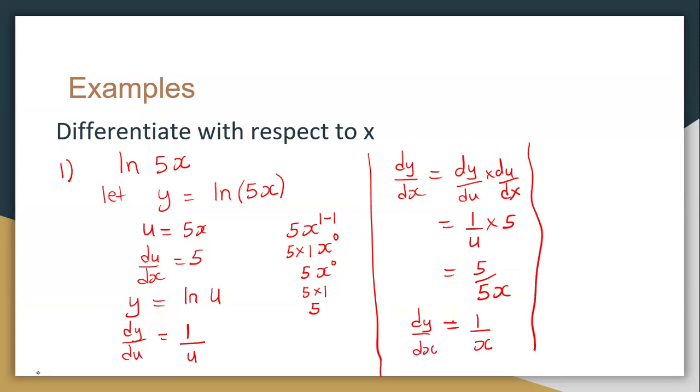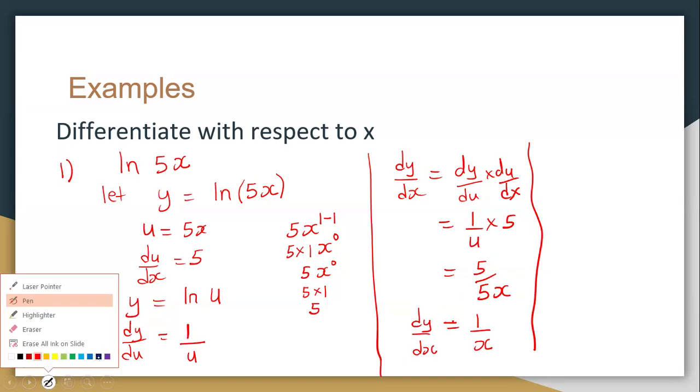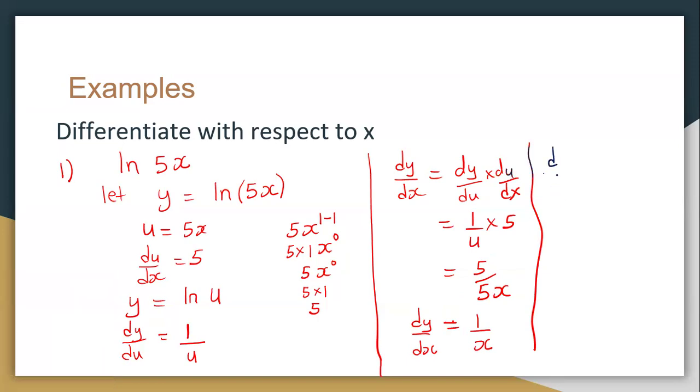Alternatively, like we have said, whenever you meet these functions, d/dx of ln of any function of x is always given by f'(x) divided by the original function. Here our f(x) is 5x, so f'(x) will equal 5.